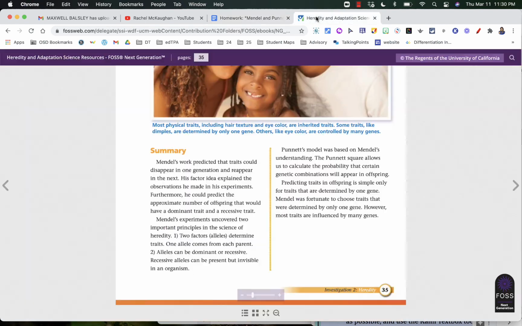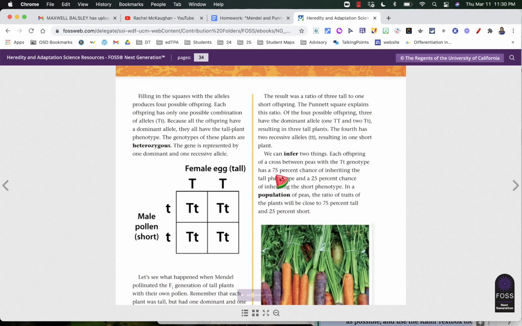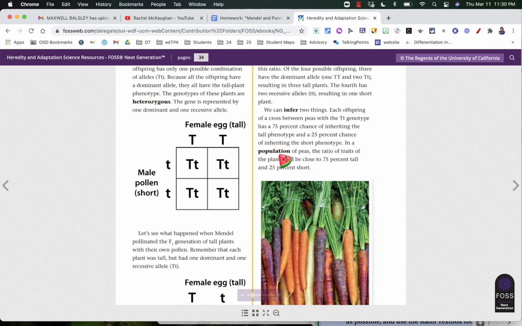Explain. Well, in the book here, when they're talking about the 3-to-1 ratio, it said, in a population of peas, the ratio of traits of the plants will be close to 75% tall and 25% short.